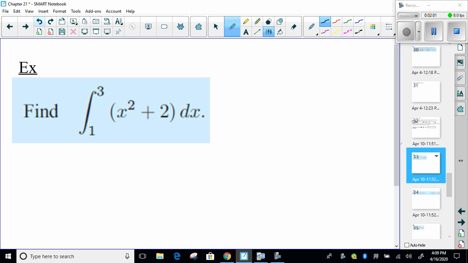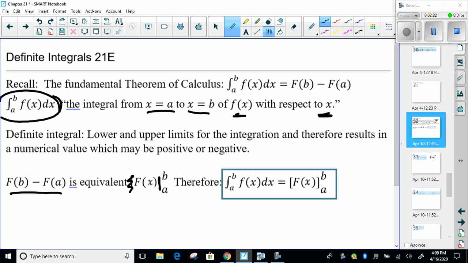To begin with, let's start by anti-differentiating x squared plus 2. So the antiderivative is x cubed over 3 plus 2x, and then that goes from 1 to 3. We're going to find the area of that, so again, it's going to be a numerical value. As we stated here, we find F of b and we subtract F of a.